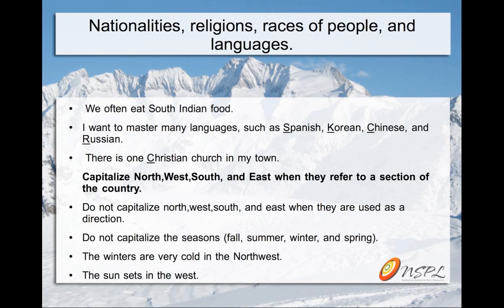That's why here I mentioned: capitalize north, west, south, and east when they refer to a section of a country, state, or city. Not always. Do not capitalize north, west, east when they are used just as a direction. And do not capitalize seasons like summer, winter, and spring.